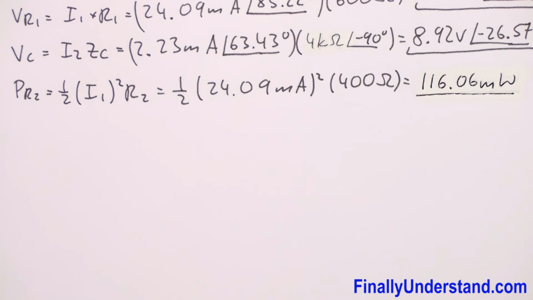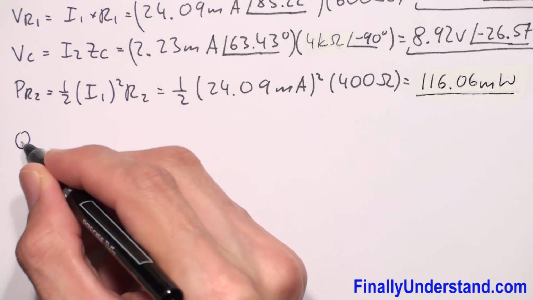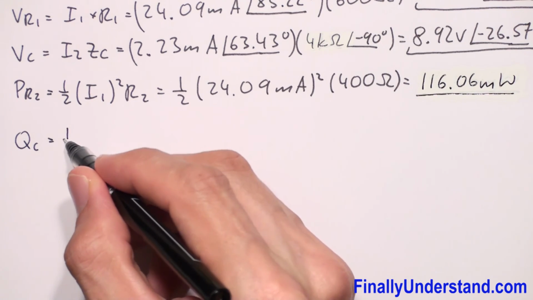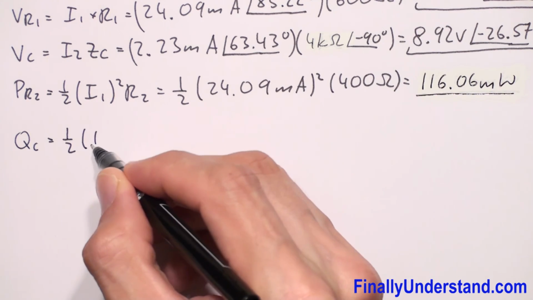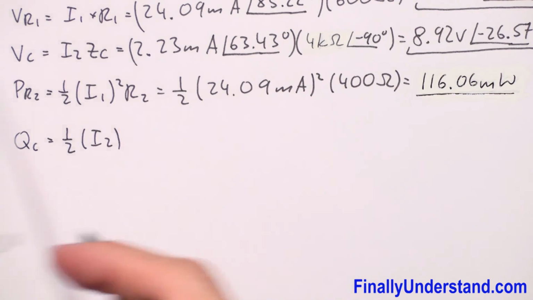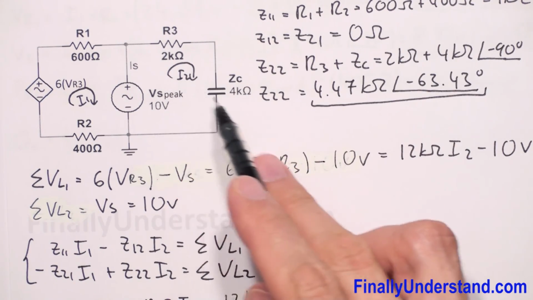Next, we're supposed to find the reactive power QC. QC is equal to 1/2 I2 squared times Z sub C, because current I2 goes through the capacitor.